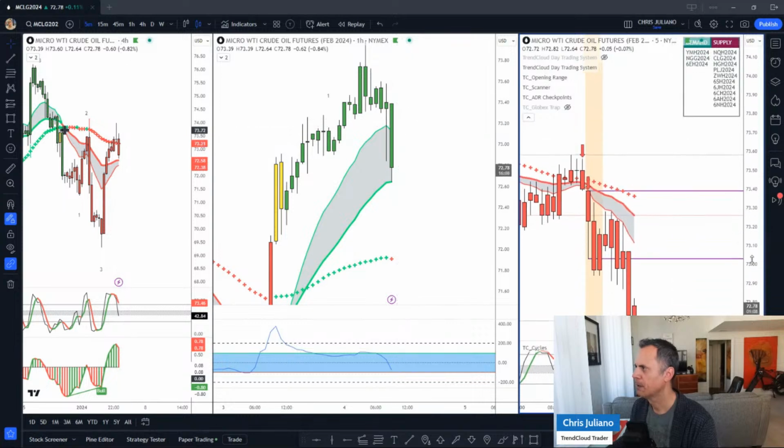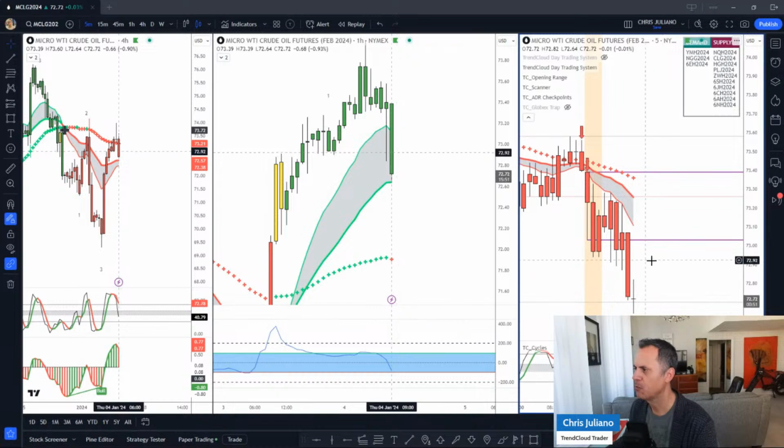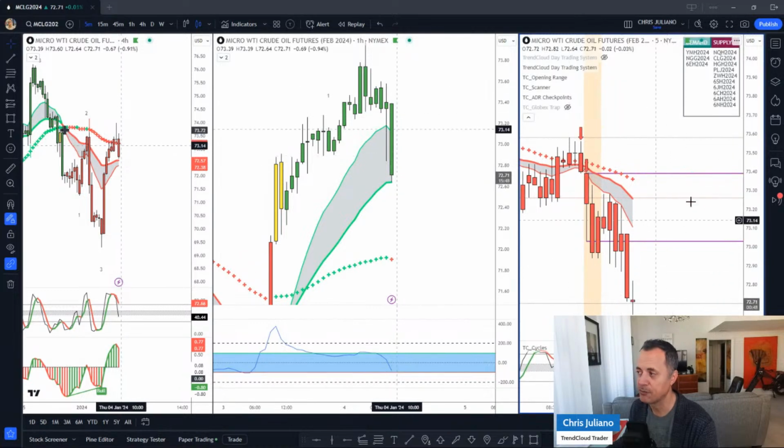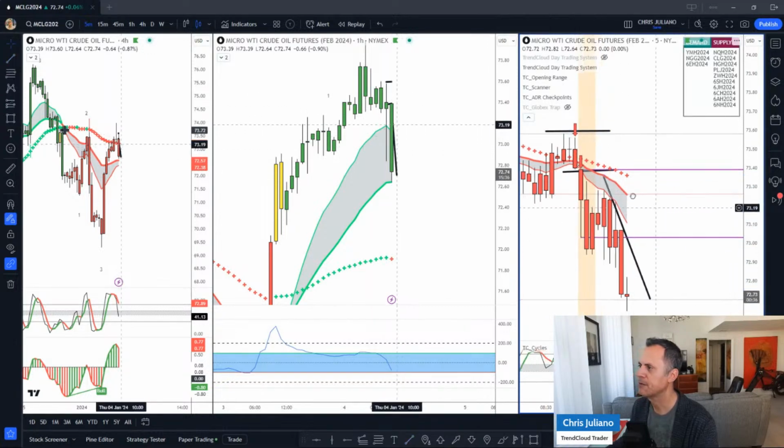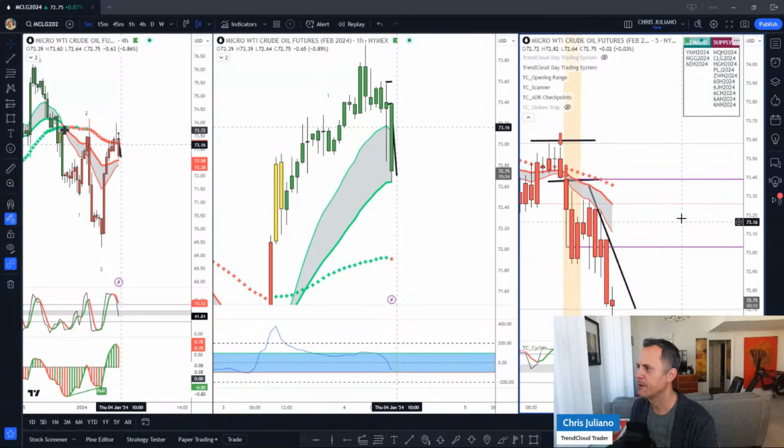So again, crude oil showed up on our scanner right here, 8:55 in the morning. We've got that TrendCloud signal to go short, and beautiful move to the downside. Okay, so we basically would be out of this trade right now if we took that TrendCloud signal right here. Stop loss would go right there.